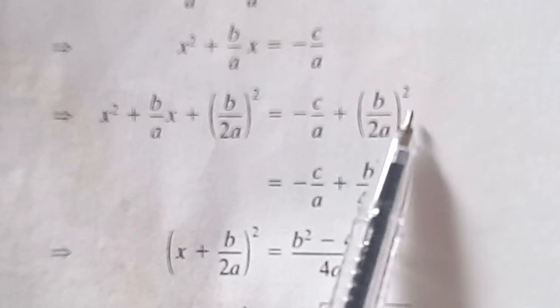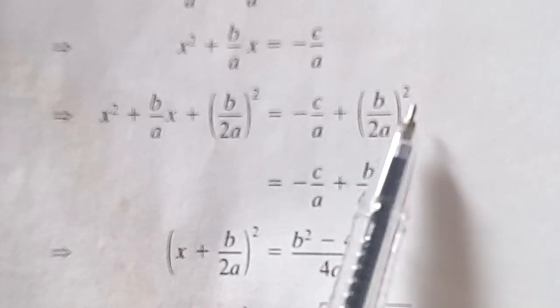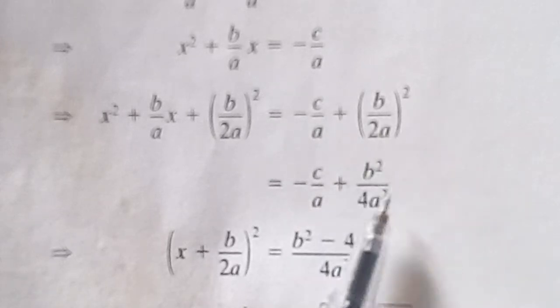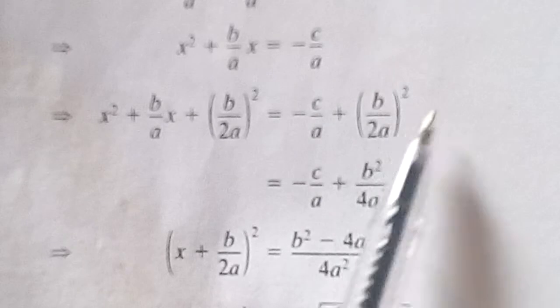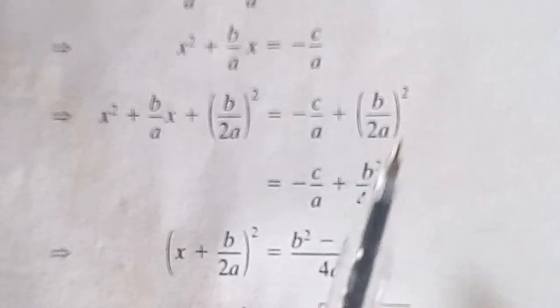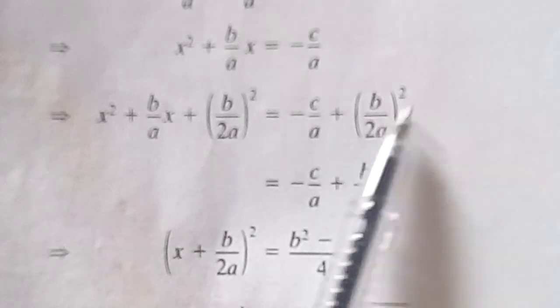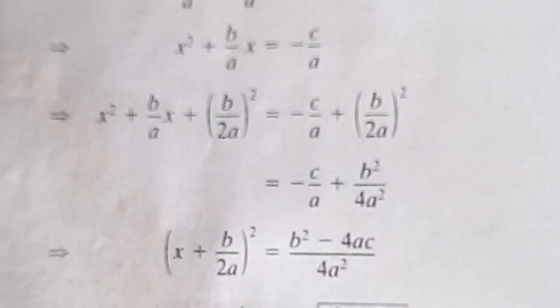So this minus c over a plus b over 2a square will give us minus c over a plus b square over 4a square. That is 2 square is 4a square. You have opened this bracket to give this.